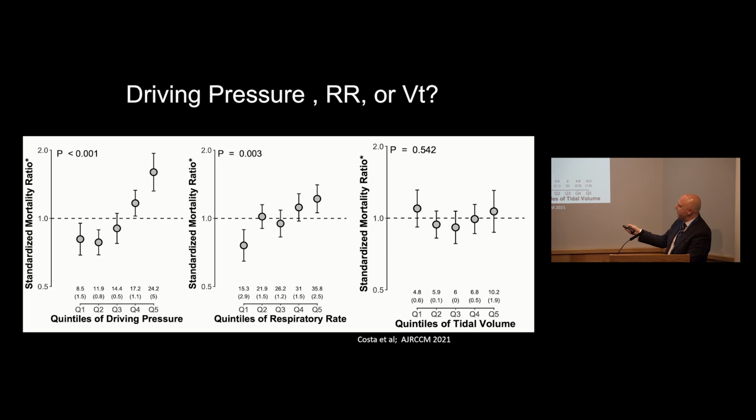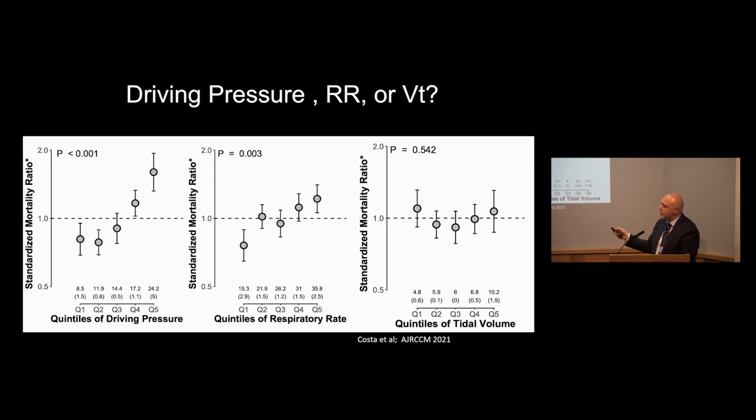In other words, you can be on the low tidal volume quintile or the high tidal volume quintile, and essentially outcome is similar. However, if you are in a low quintile of driving pressure or high quintile of driving pressure, the standardized mortality ratio is not the same. And you can see there, 1 is around 14, above 14, 15, which is very similar to the animal studies, which is quite interesting.